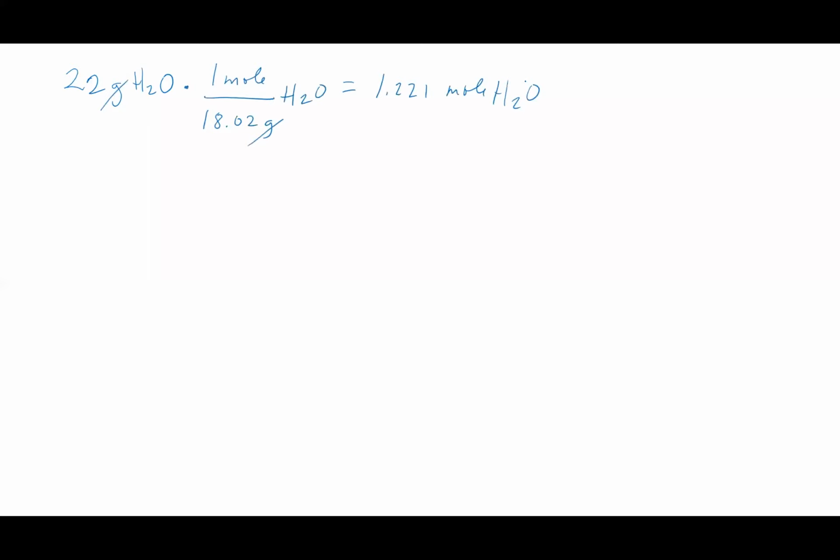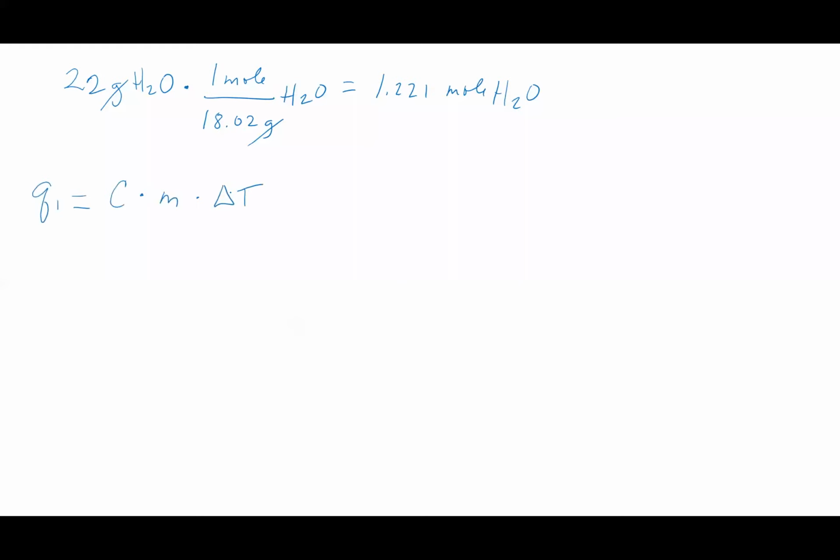That's our moles, which we'll use for step 2. Now, for Q1, we're going to use the heat capacity. Remember, we have the general form of heat capacity times the mass times the change in temperature, and our change in temperature is in degrees Celsius.